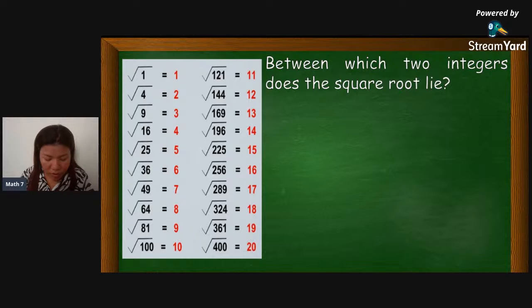Square root of 1, next, square root of 4.